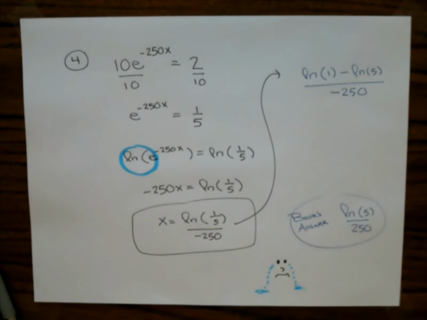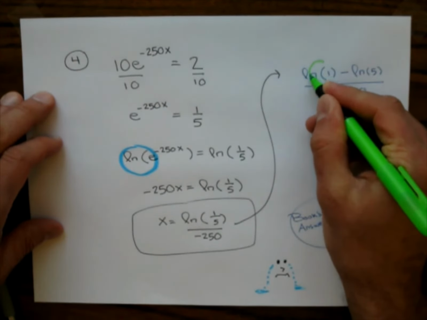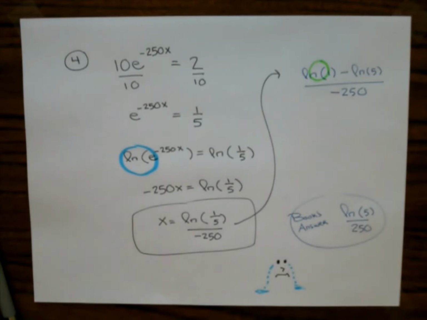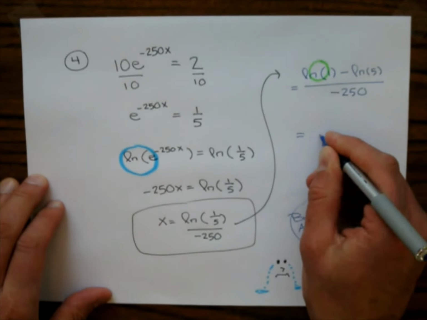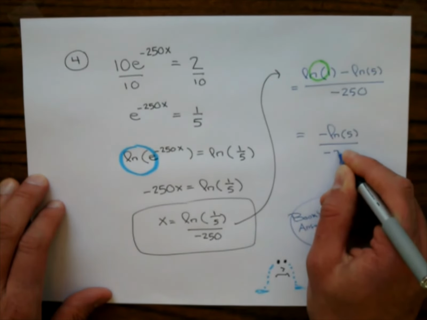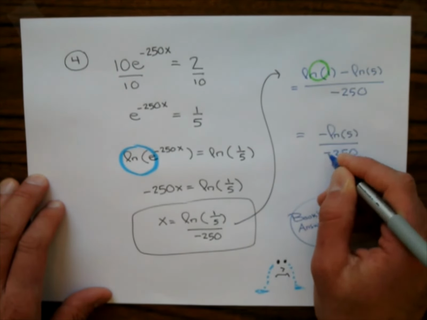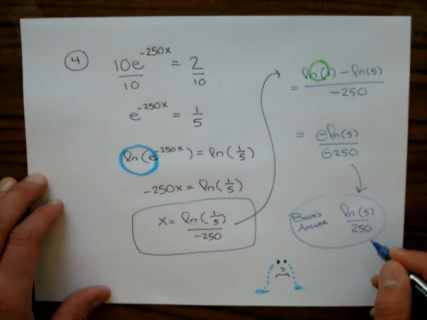If you remember, I think it's property 1. With a log of 1, that's just 0. So this gives me negative ln 5 over negative 250. The negatives cancel, and you get ln 5 over 250.